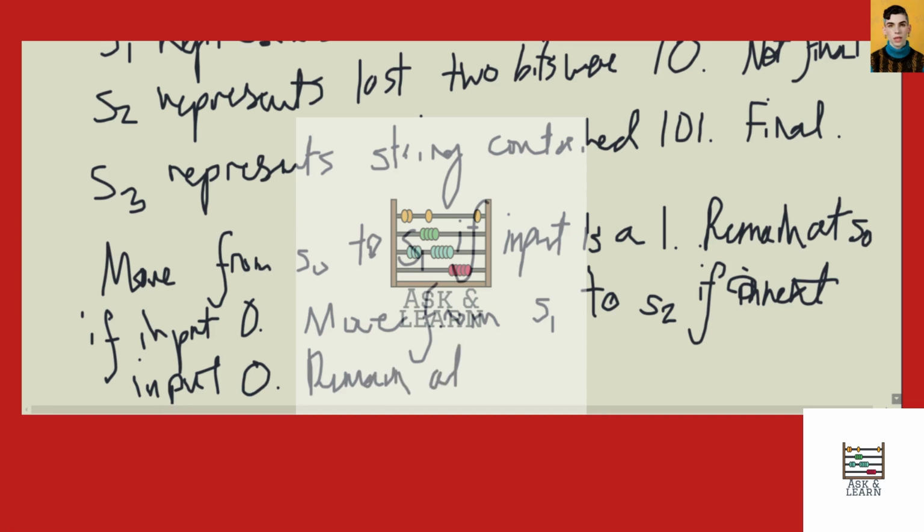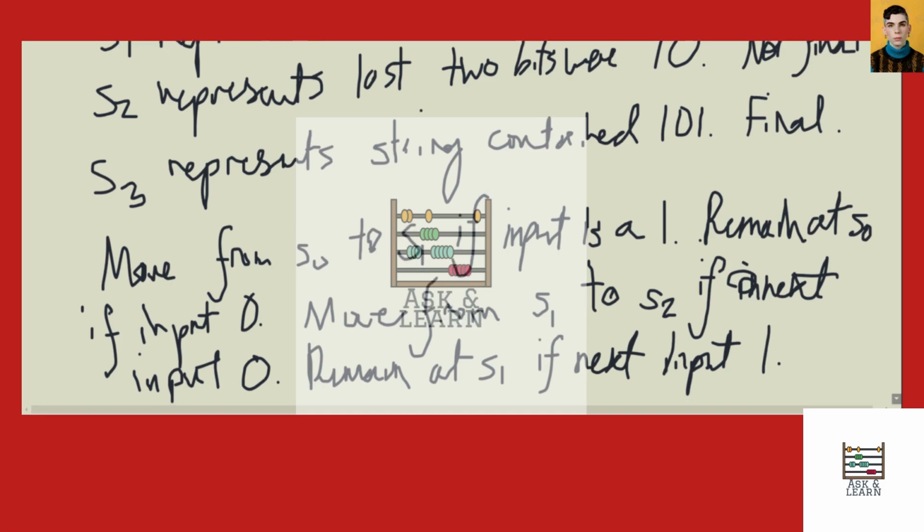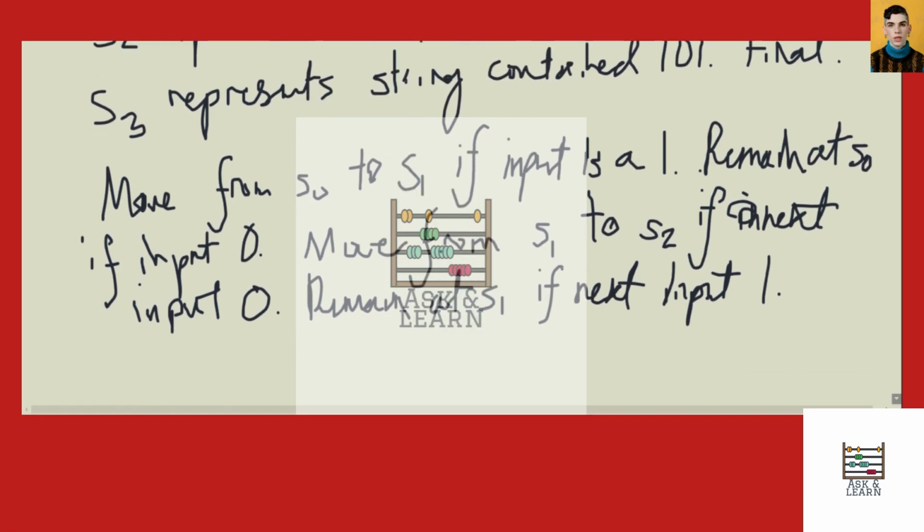So we'll remain at S1 if the next input is just a 1. This is because the string is still ending in 1, so we still only need 0 and 1. And then we'll move from S2 to S3 if there is a 1, which is following the previous 1, 0.